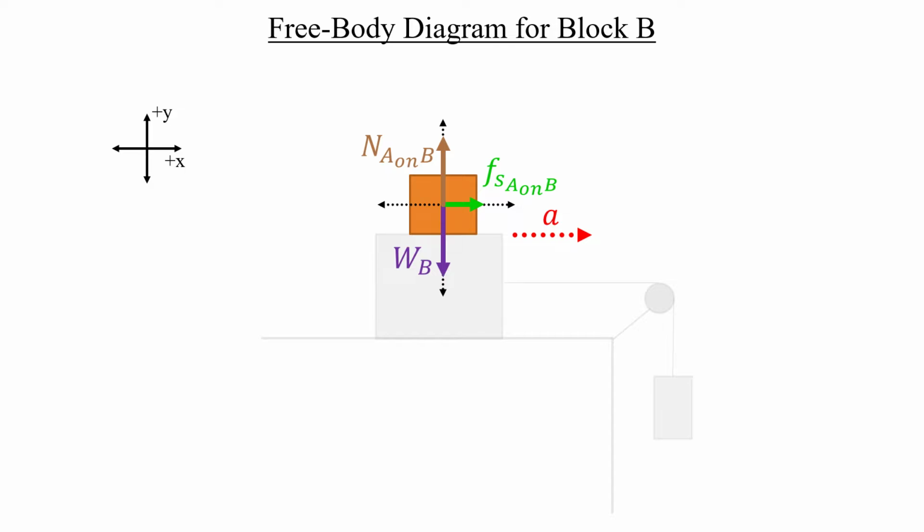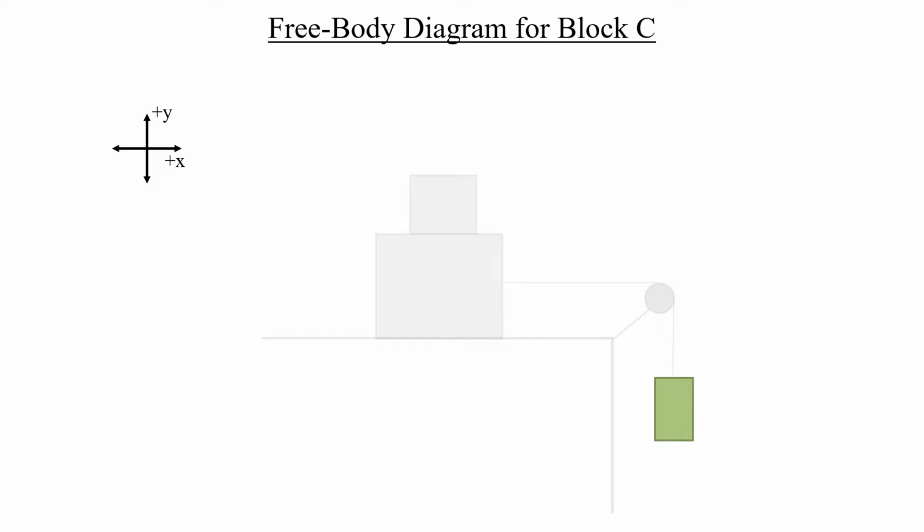We don't have any other forces going on here, so there's one last one we have to work on, and this one is pretty easy. We slap on the axes, and then include our vector pointing down for the weight, of course.